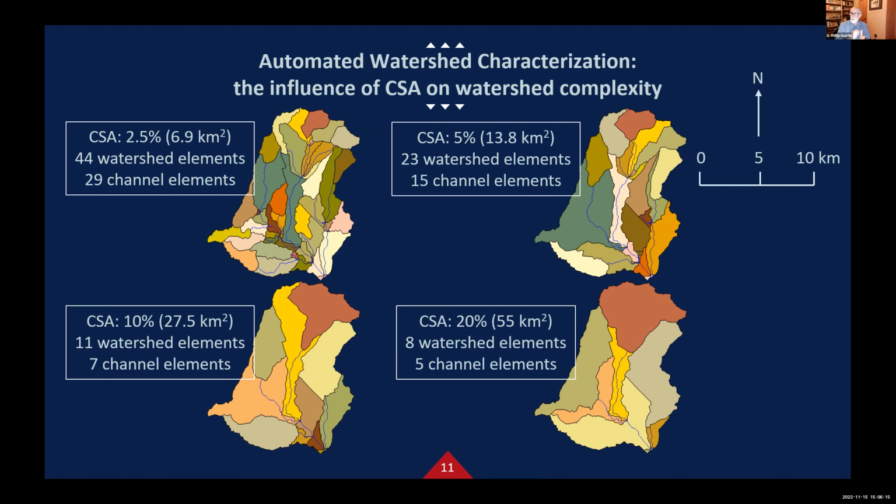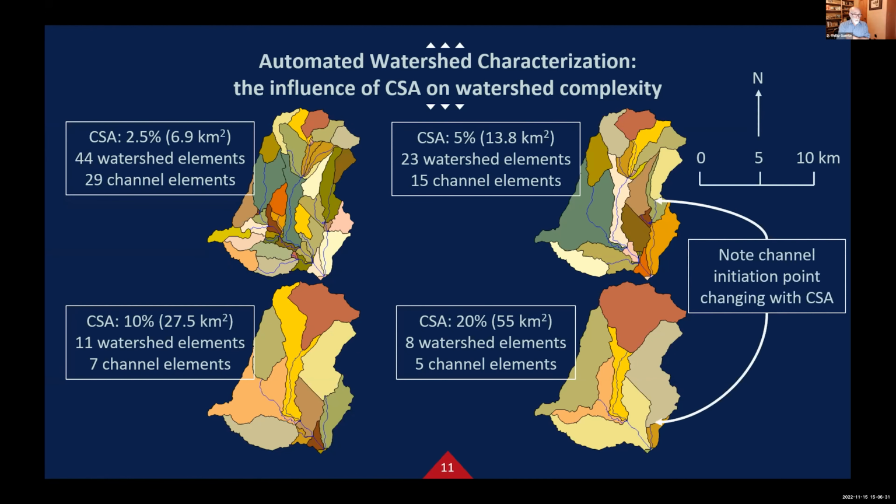So it's really being controlled by hill slope processes like overland flow. Infiltration and overland flow will define how the watershed responds. And note there's no initiation point until that part of the watershed.